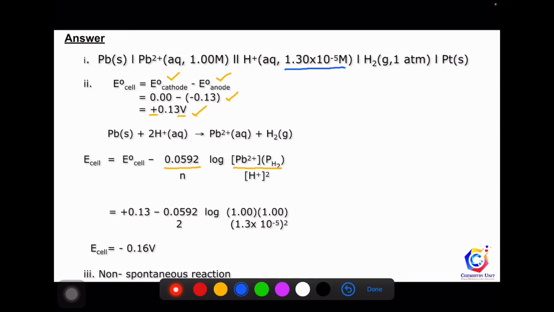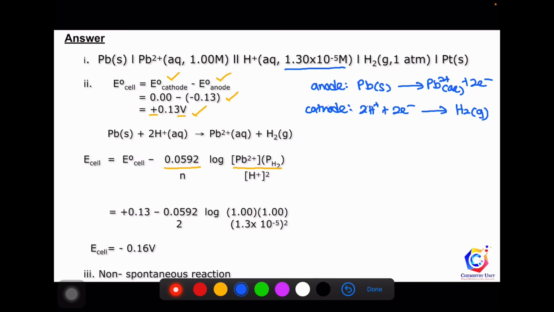Next, write the half equation at anode and cathode. That would be anode is the oxidation of lead solid to become Pb2 plus aqueous. At cathode, it would be the reduction of hydrogen ions to become hydrogen gas.